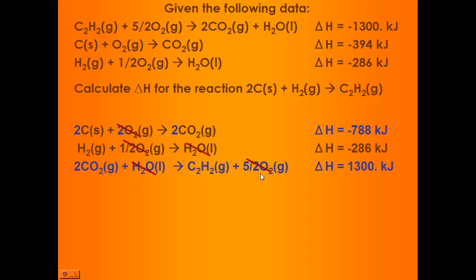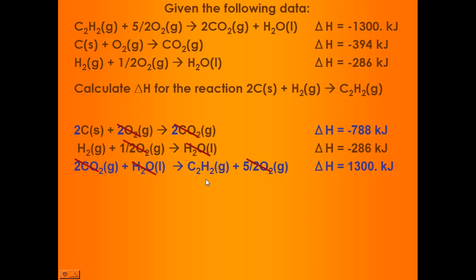We also see the same thing for H2O. We made one H2O molecule in the second equation, but we consumed it in the third. And then we also made and used 2 CO2 molecules. And that leaves me with 2 carbons and a hydrogen on the reactant side, forms C2H2 on the product side.